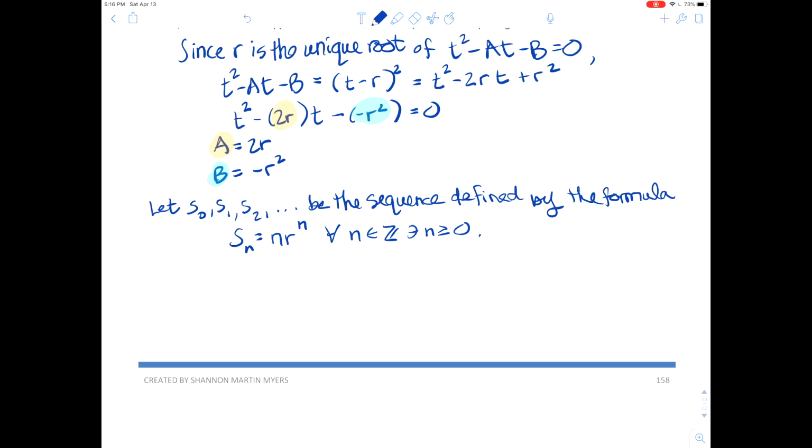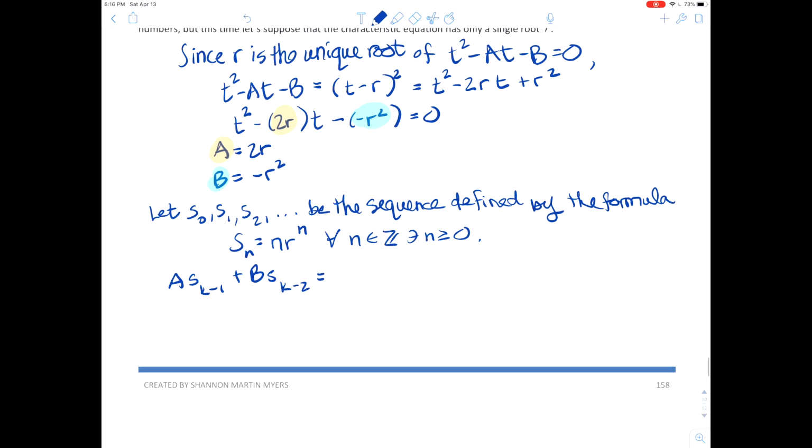Well, what could we say? I mean, if we were looking at a times s sub k minus 1 plus b times s sub k minus 2, what would that be equal to?